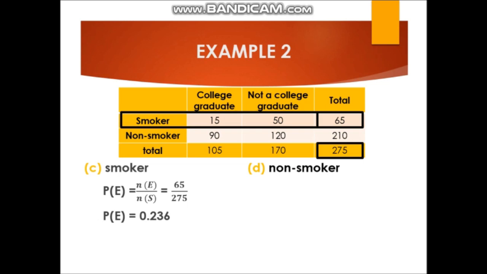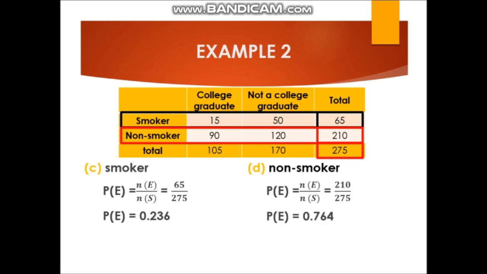For non-smoker, we have 90 college graduate and 120 not a college graduate with a total of 210 non-smokers and a total population of 275. So in this case, for the probability of non-smoker, we have 210 divided by 275.